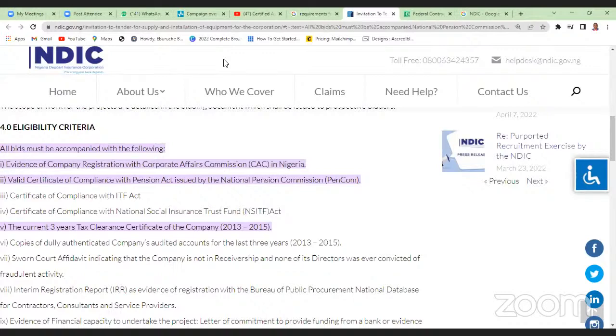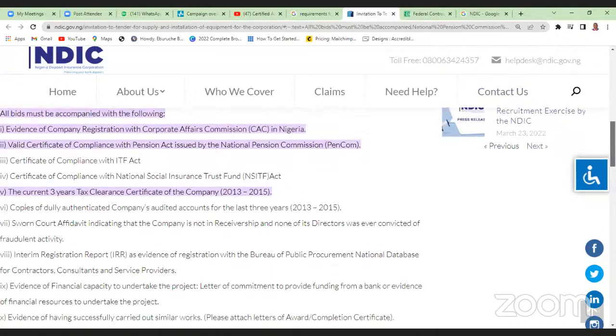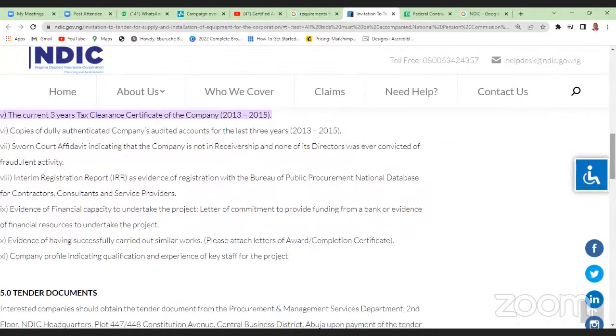Then another thing you need is your sworn affidavit for your company directors, just to indicate that none of them has been convicted of a crime or fraudulent activity. Then you have your BPP clearance certificate, your IRR, your interim registration report. That's from BPP, the Bureau of Public Procurement.